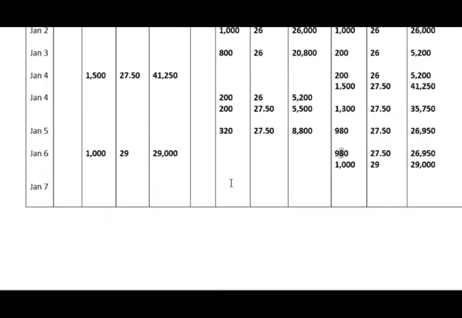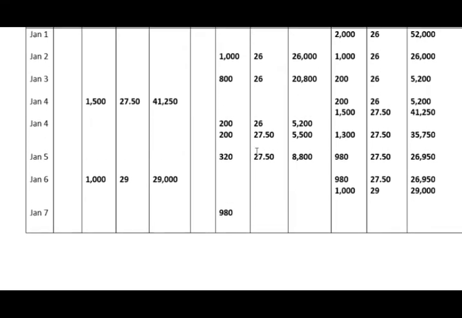The entire 980 will be issued first. So 980 at 27.50, it amounts to 26,950.